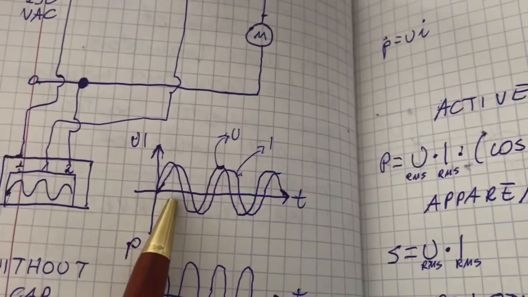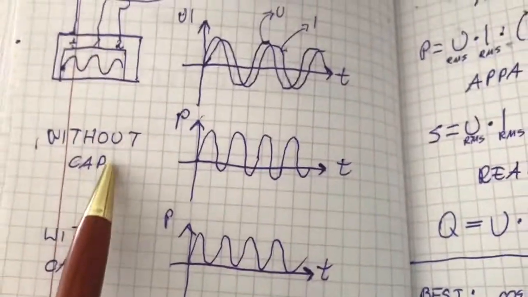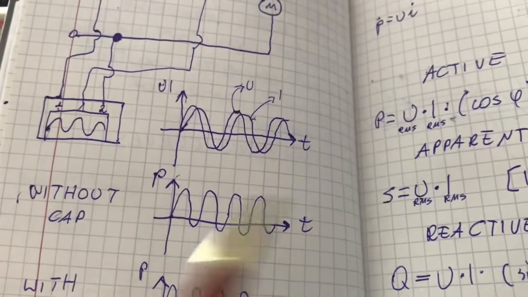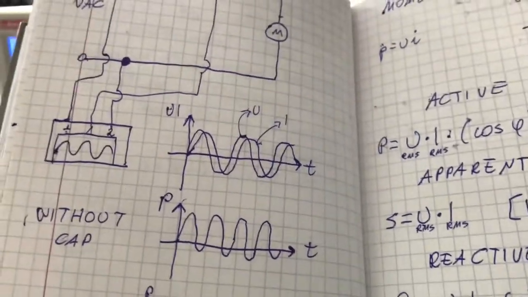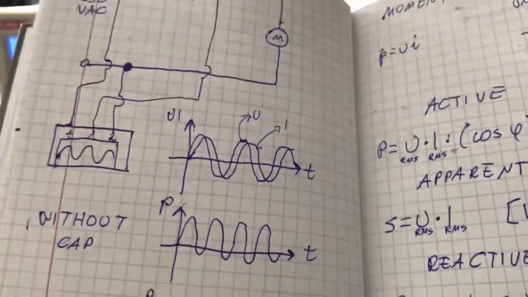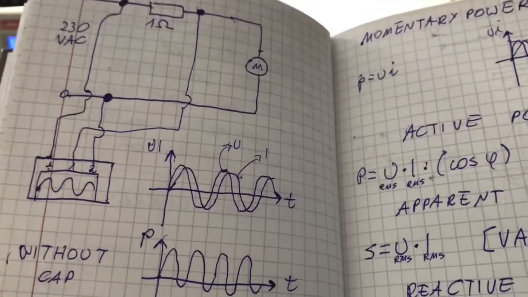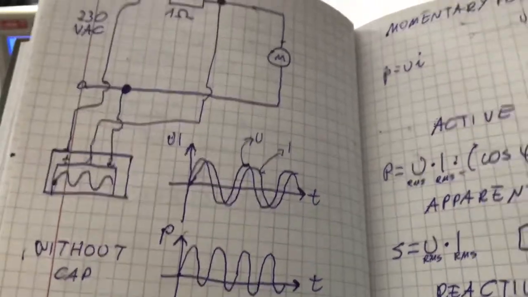This is what we should see, a small little phase shift in current, and without the compensating capacitor, because as you were able to see, I showed you before that coil makes a phase shift to the right and the capacitor makes a phase shift to the left. So we can compensate for the inductance with a capacitance.